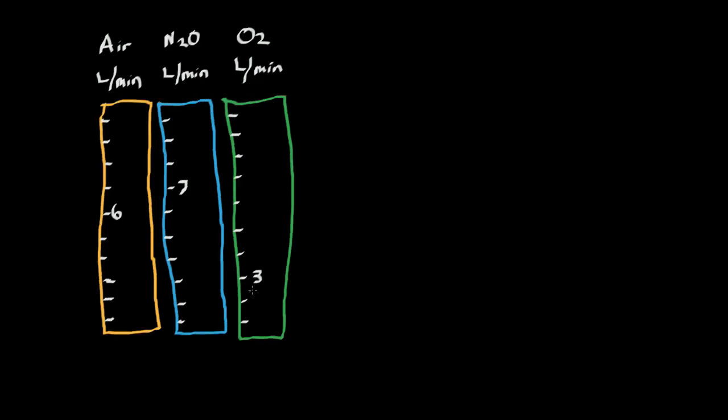Okay, let's do one final example. So we have our oxygen flow meter set to 3 liters per minute, our nitrous set to 7 liters per minute, and our air set to 6 liters per minute. Let's write our formula.